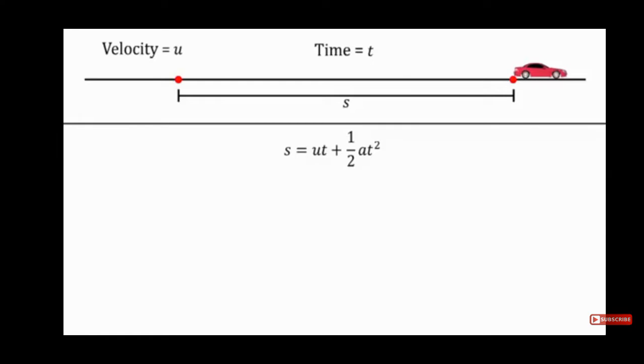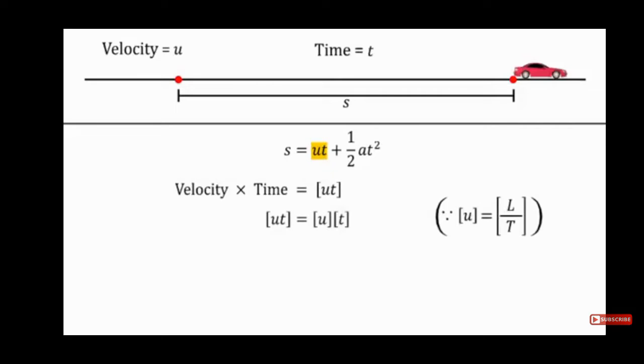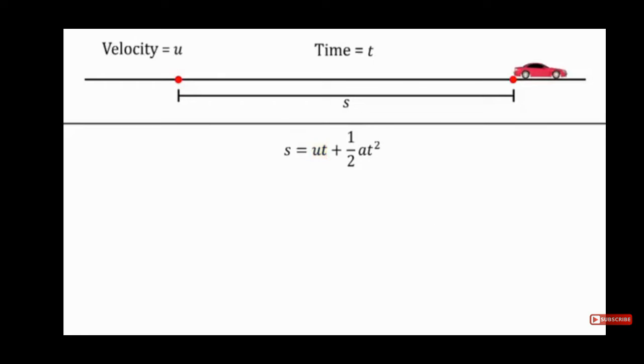In this case, in the first term, it is the product of velocity and time. The product of the dimensions of these quantities is Lt power minus 1 into t, as shown. On simplification, we get L. The second term on the right-hand side of the equation is half at square.